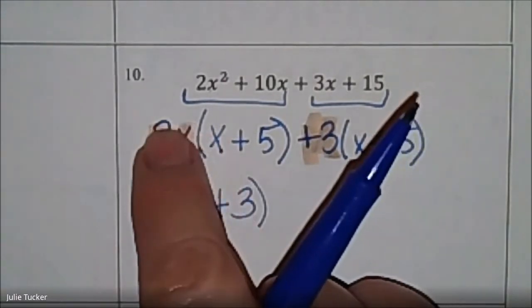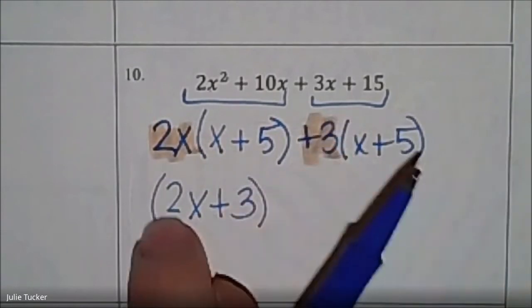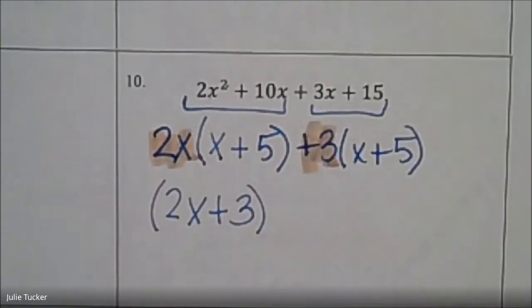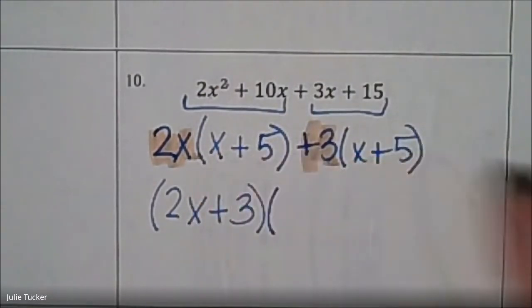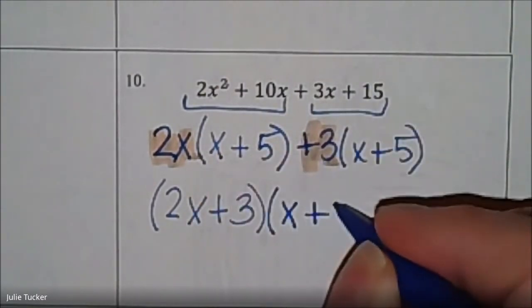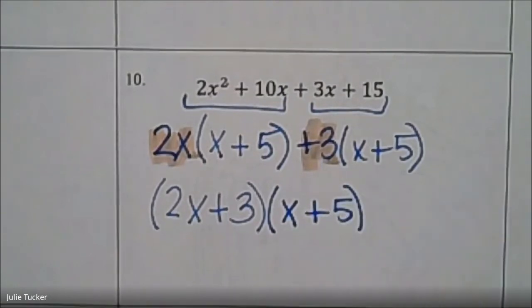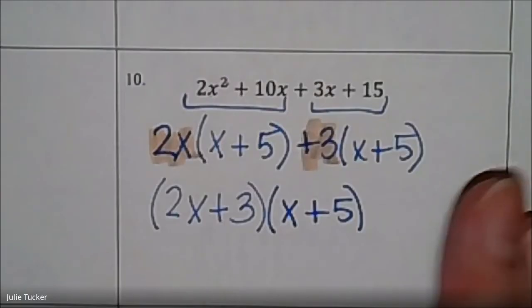I'm putting this with this in the first set of parentheses. And then the second one is just the x plus 5. Okay.